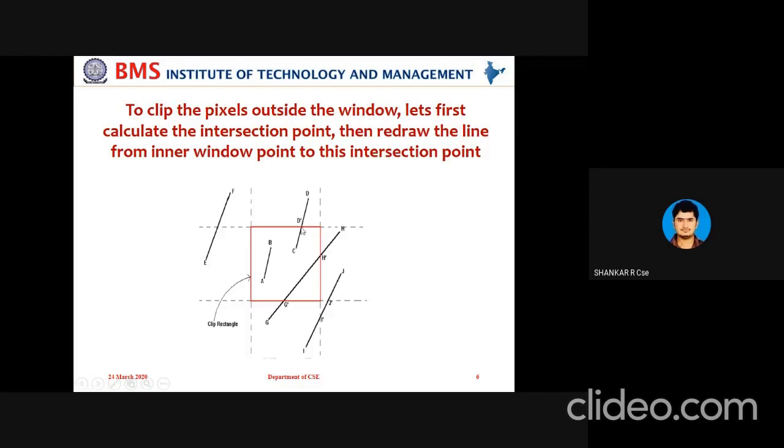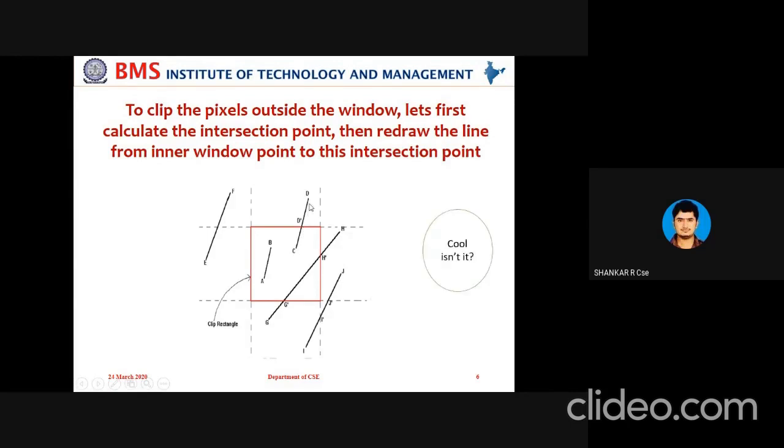To clip from D dash, the intersection point, to D, essentially I should not show D dash to D. I should only show C to D dash. So I first calculate the intersection point D dash, and then redraw the line from the inner window point C to D dash. So indirectly I'm not drawing from D dash to D.